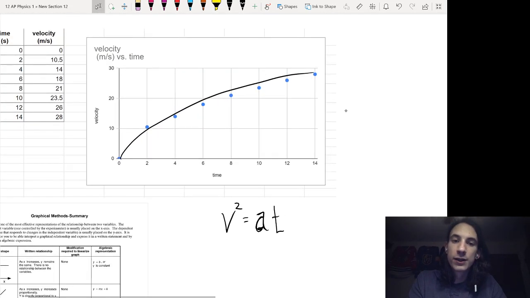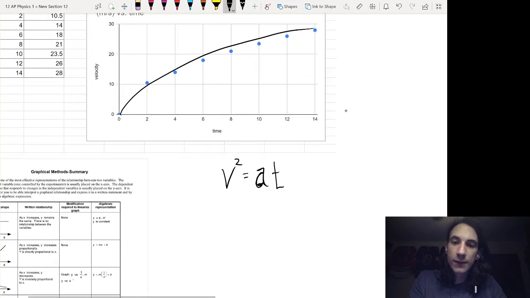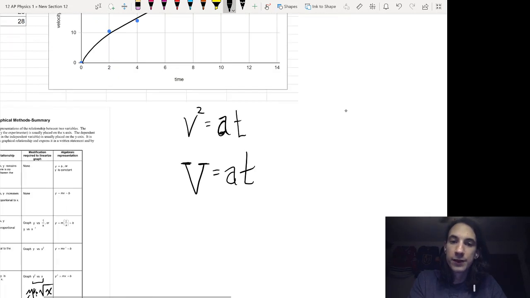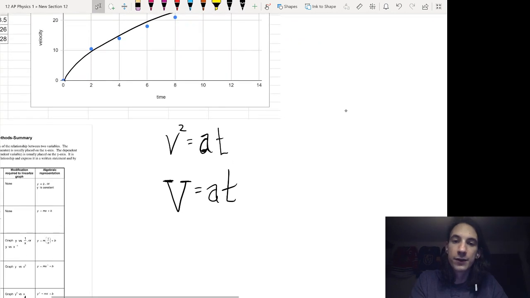We know that this will become linear if instead of v squared, we were just to graph capital V as a times t. We'll be able to get a linear graph if we graph something in a form we're used to, this y equals mx plus b. So if we graph it like this, we will be able to figure out a nice linear relationship between them.